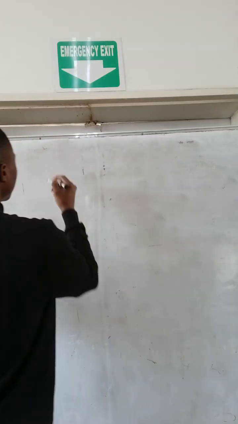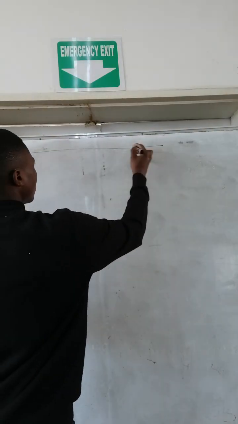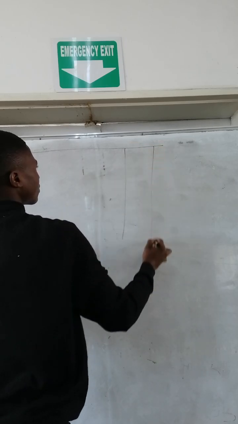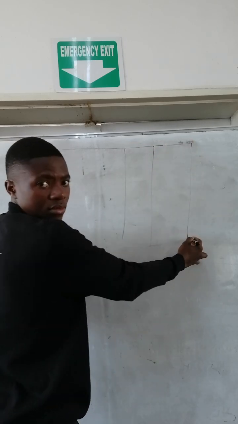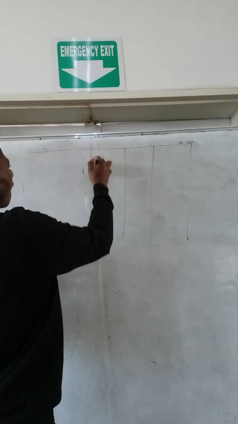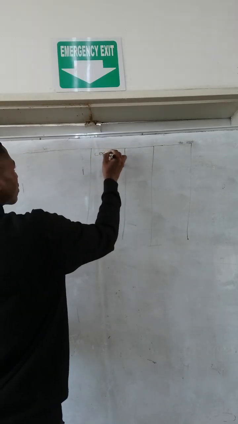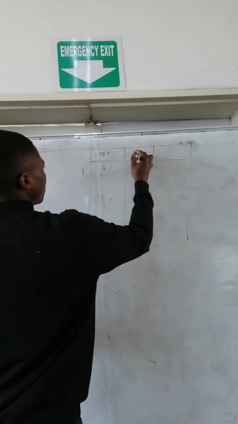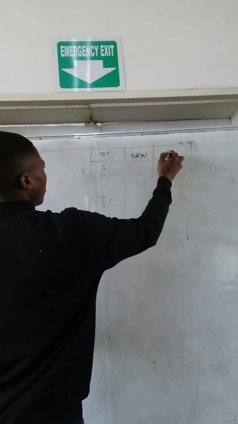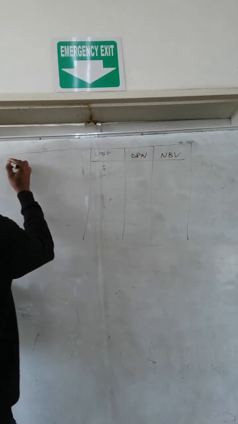The balance sheet has this layout. First we have cost, depreciation, and net book value, for non-current assets.